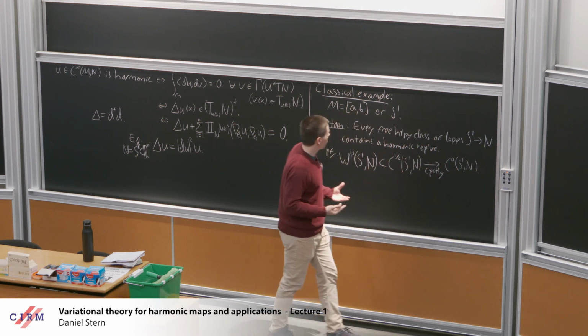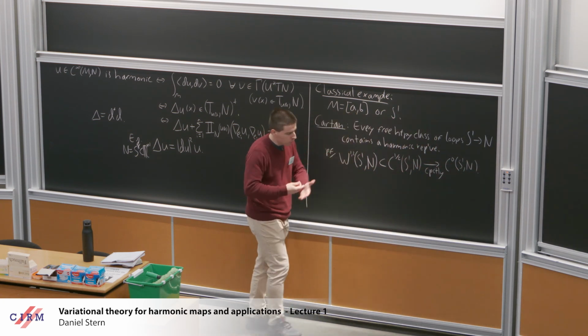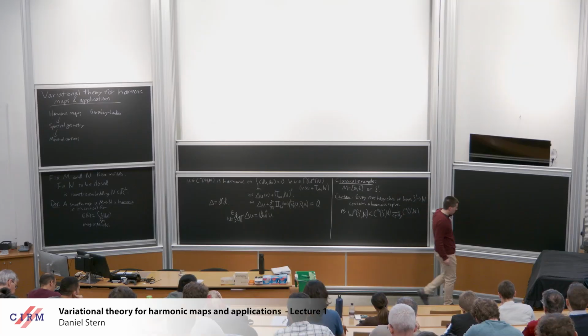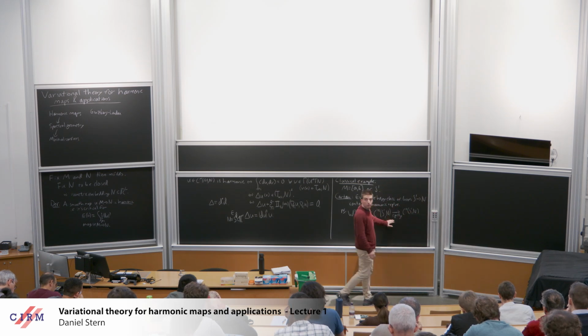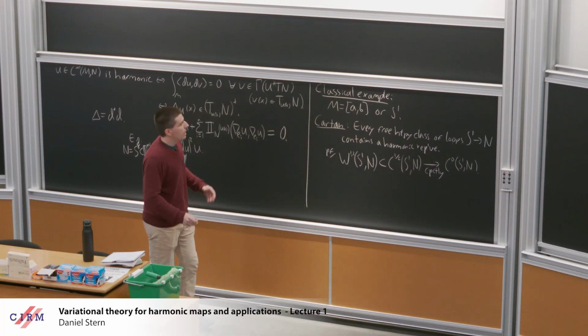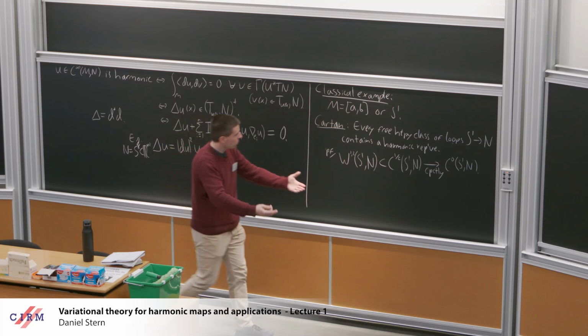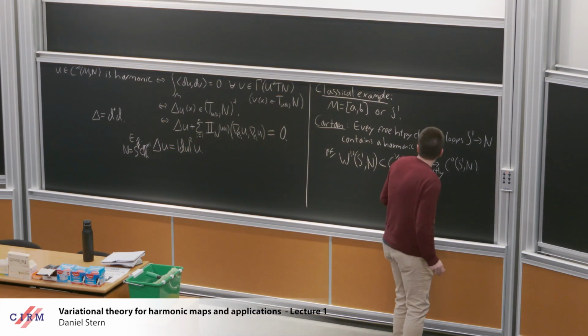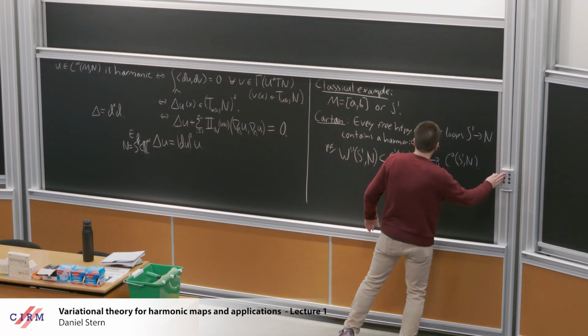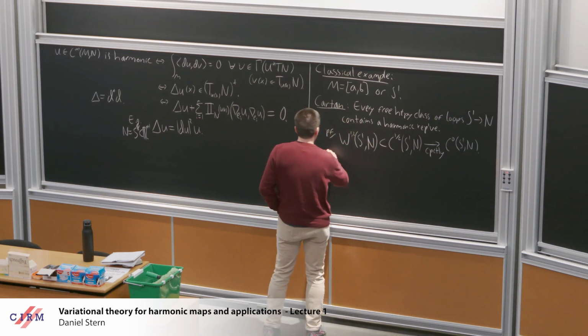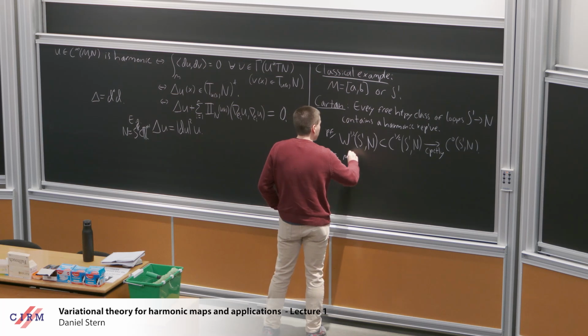So this means, first of all, if we just work in the class of finite energy loops, which is the natural space to work in for doing variational theory for the energy functional, we can make sense of homotopy classes. And if we have a minimizing sequence of curves in that homotopy class, let's take gamma_j, a minimizing sequence.